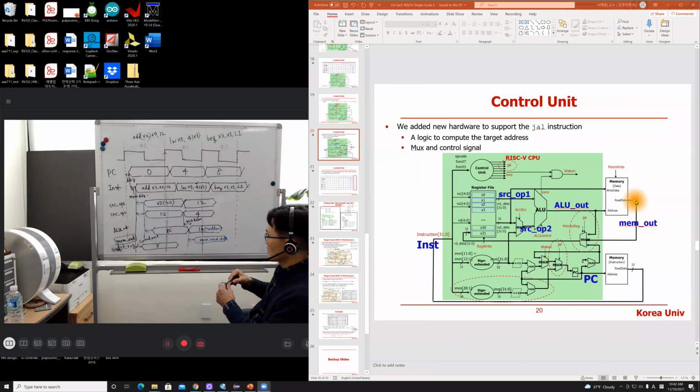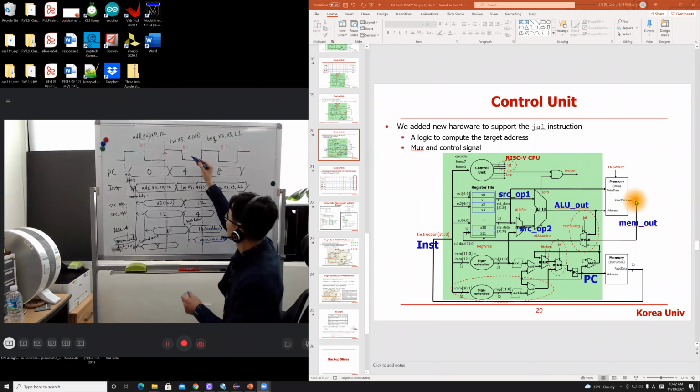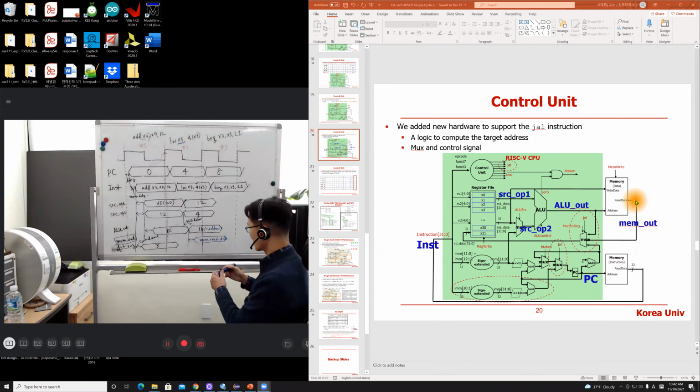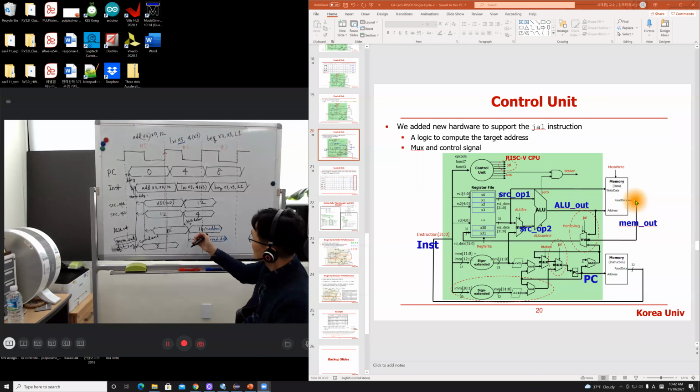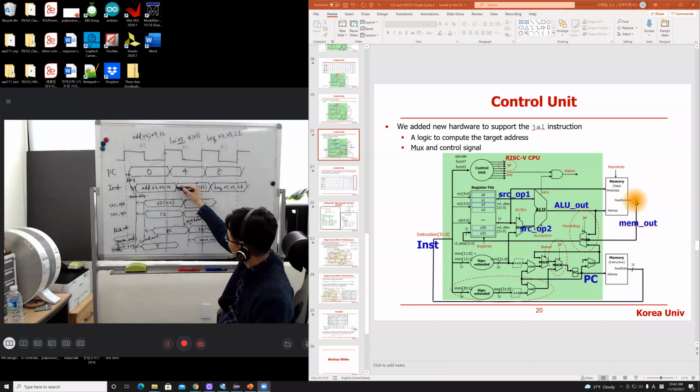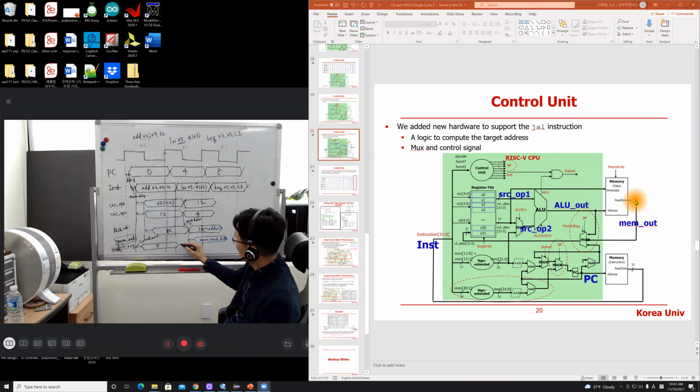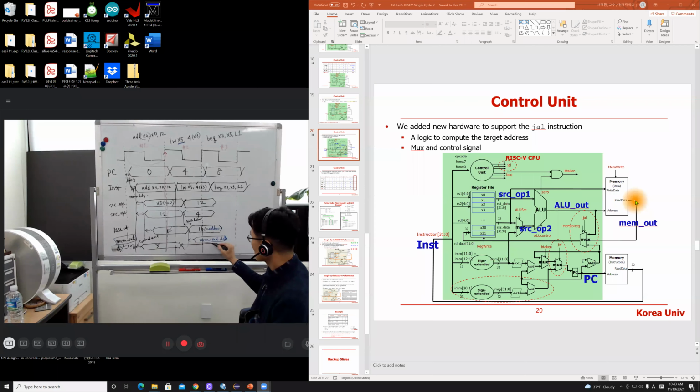Then the destination register is what? Destination X5 register. After getting this instruction, you can extract that destination field X5. So after the control unit delay, the destination register will be available like this, 5.